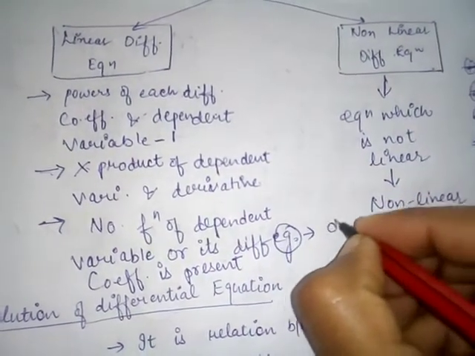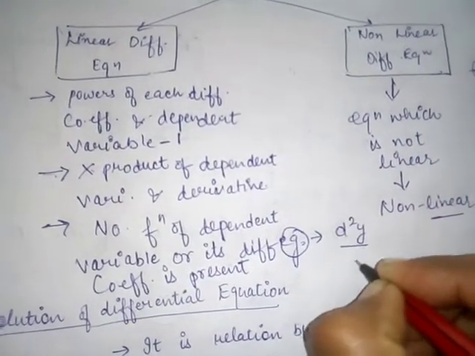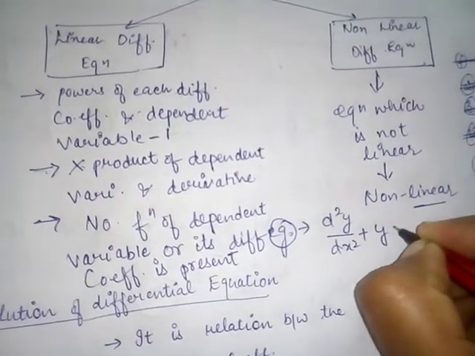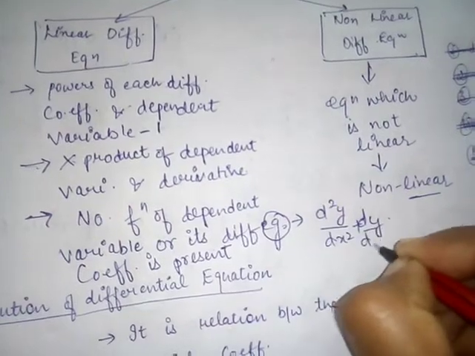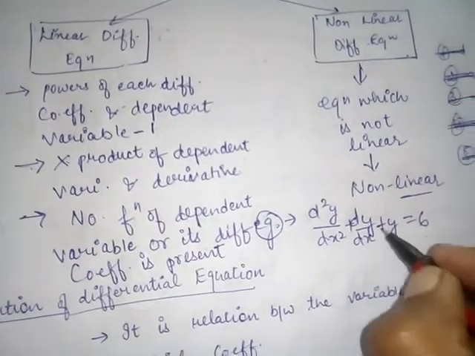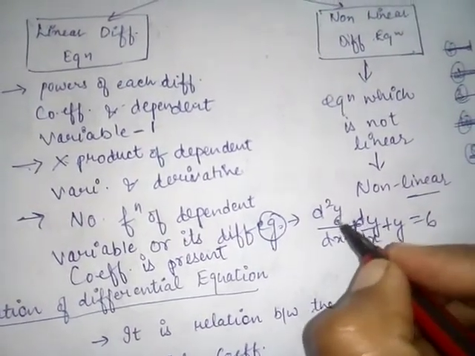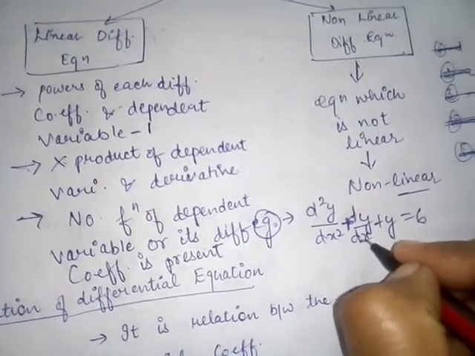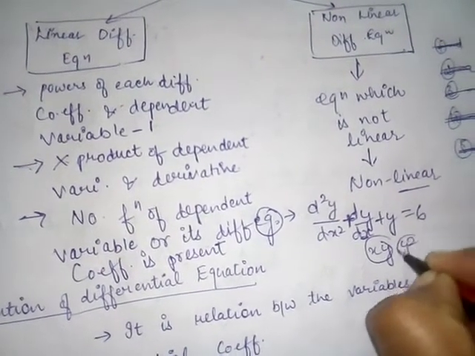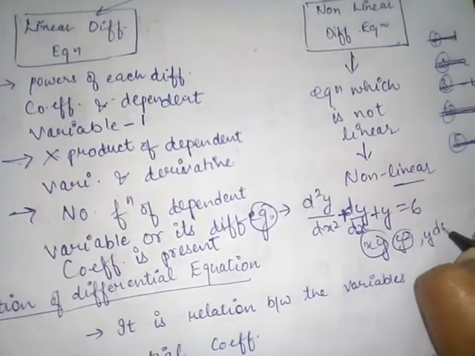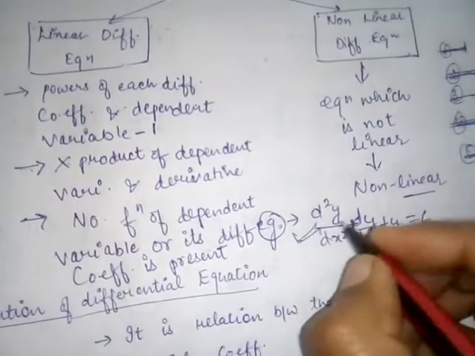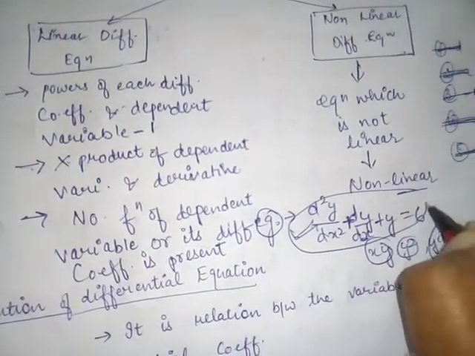Example is d square y upon dx square plus y plus dy over dx plus y equals to 6. There is no product between these elements, so it is a linear differential equation.